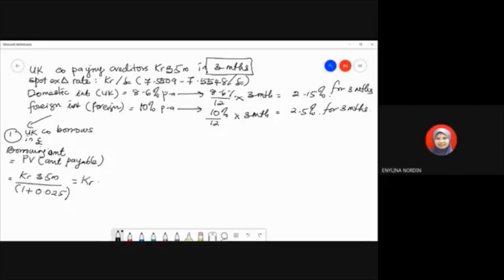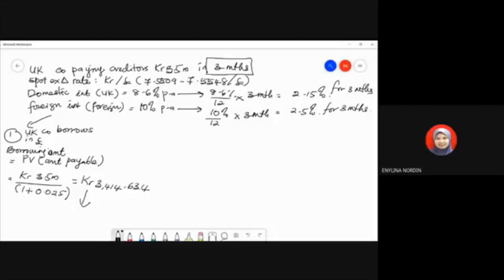Then that equals kroners 3,414,634. Okay, so this is the present value amount of the payable amount, right? And then this amount should be converted.